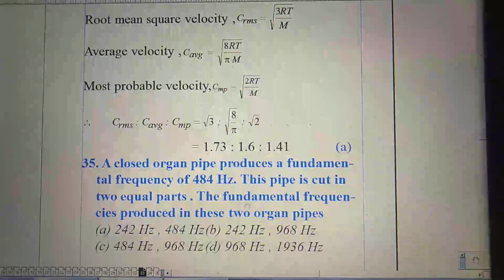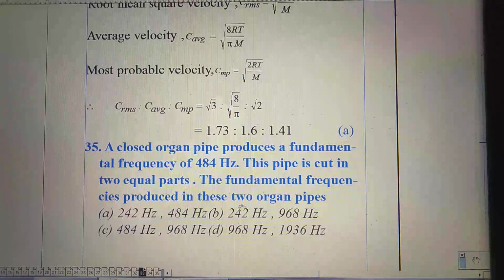Last question of this entrance exam. A closed organ pipe produces a fundamental frequency of 484 Hz. This pipe is cut into two equal parts. The fundamental frequencies produced in these two organ pipes are: option A 242 Hz, 484 Hz.